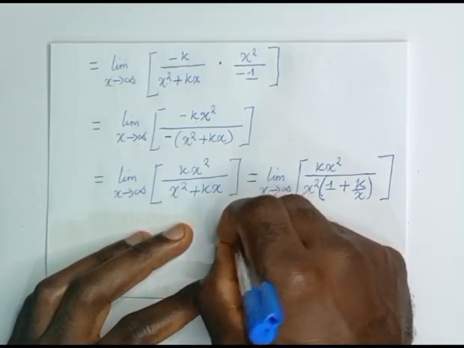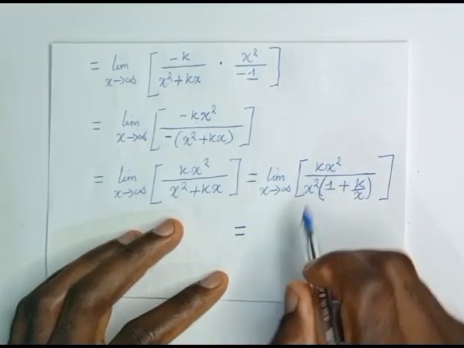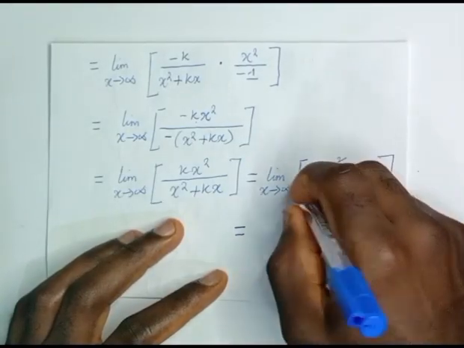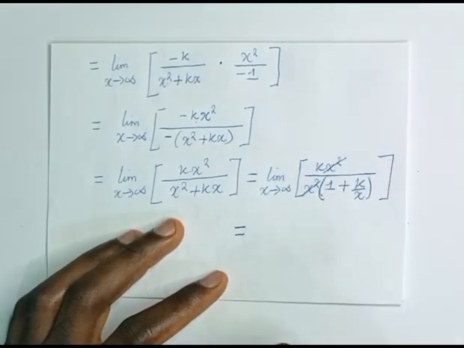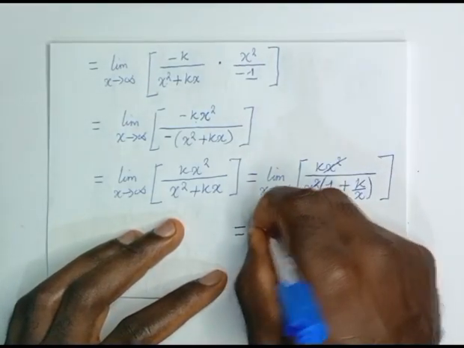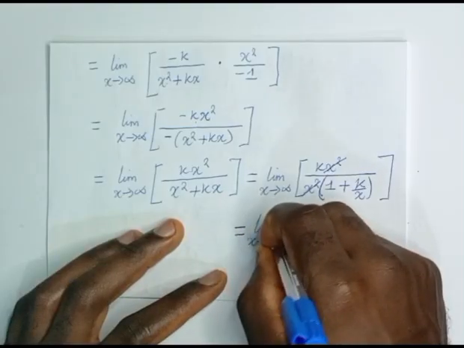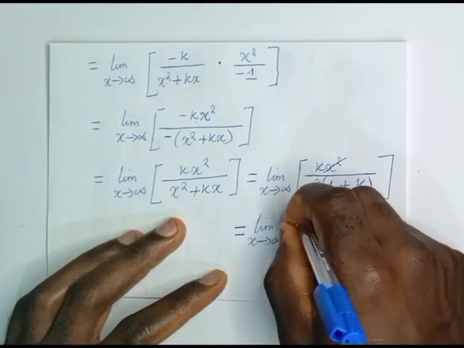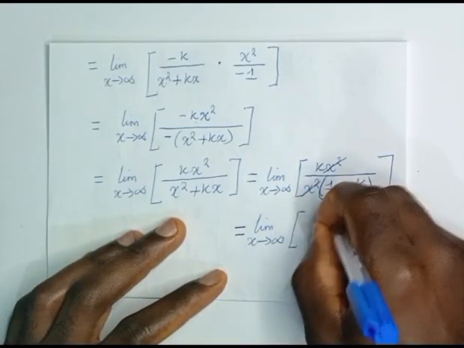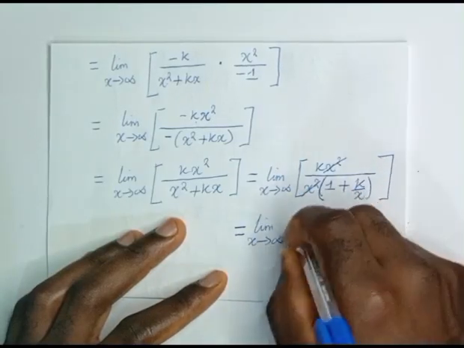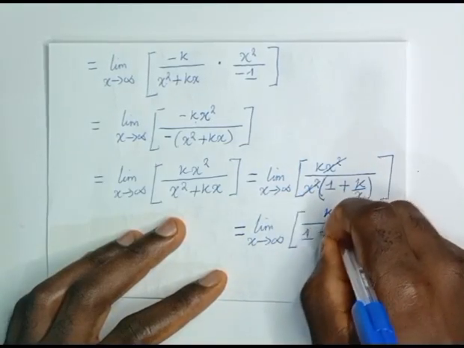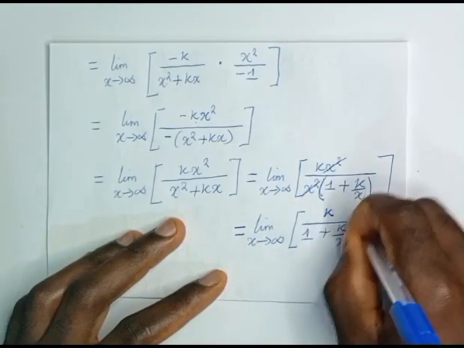At this level you see that x squared at the numerator will strike off x squared at the denominator. So this will give us the limit as x tends to infinity of k all over 1 plus k all over x.